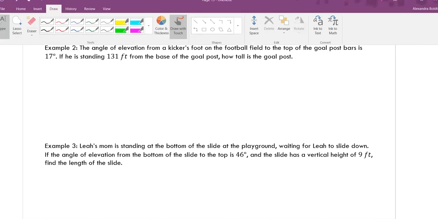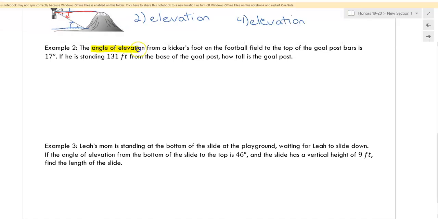Anytime we have an angle of elevation, I'm going to draw a triangle this way. So the angle of elevation is 17 degrees.